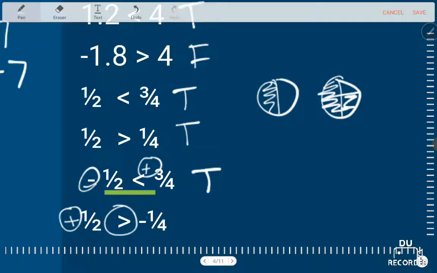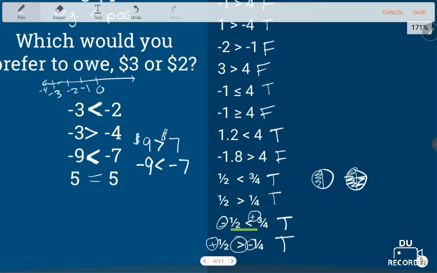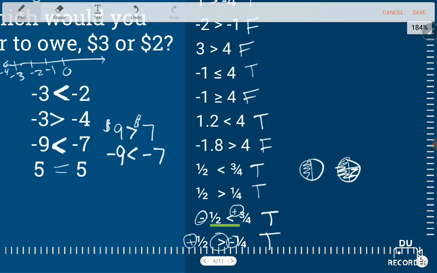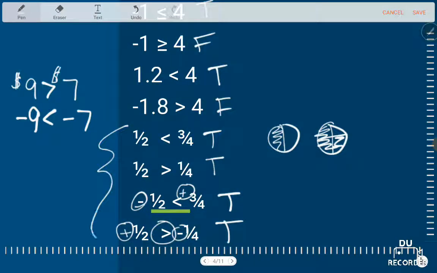Positive greater than a negative, true. Even when I have fractions, some of them should be fairly automatic. If you're looking at positives and negatives, you should be able to tell. Maybe copy down just these fraction ones, so you can have those to refer to.